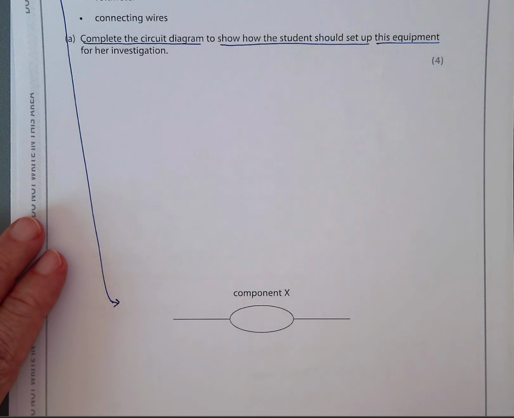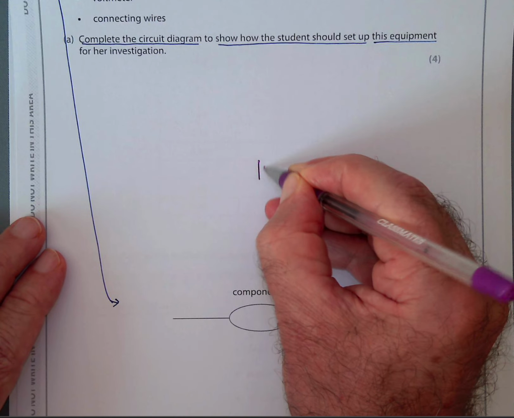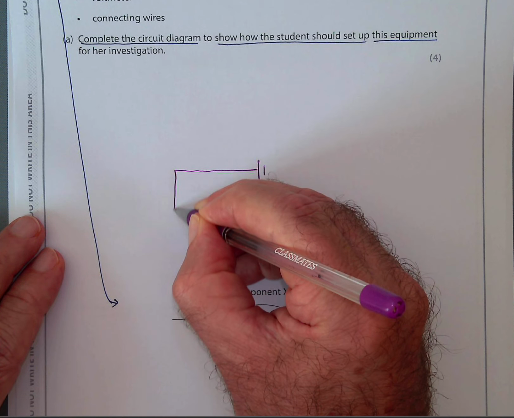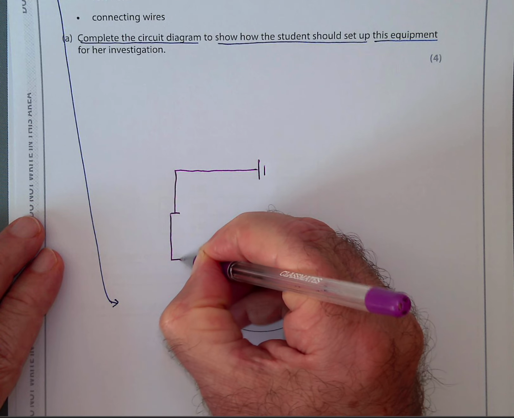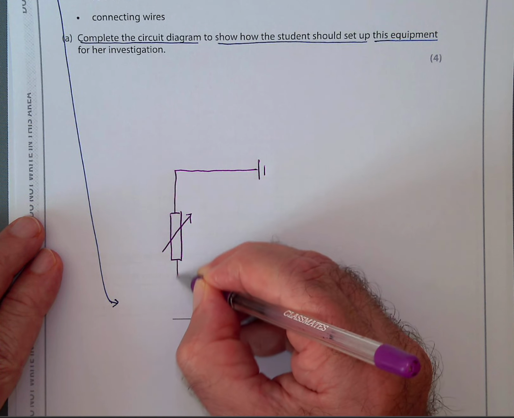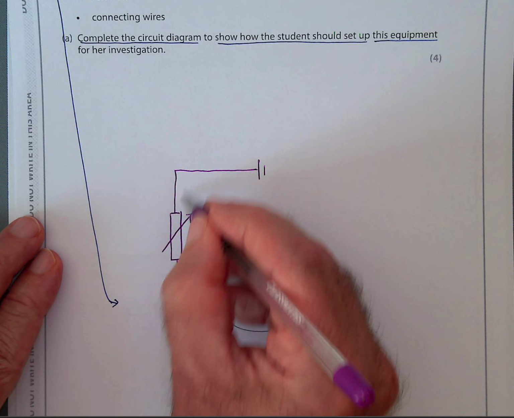So draw the circuit diagram to show how the student should set up the equipment. Imagine you've got your cell there, and then you want to be able to vary the amount of voltage and current. You put your variable resistor in series with it. You connect it to component X. So these are the connecting wires.